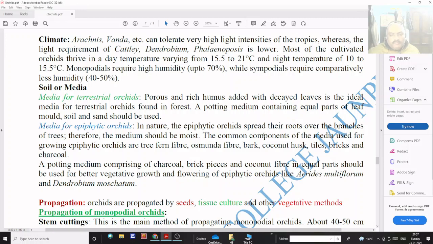Common components used as medium are tree fern fiber, osmunda fiber, bark, coconut husk, tiles, bricks, charcoal and gravel, to be tied in the rhizosphere of the epiphytes.